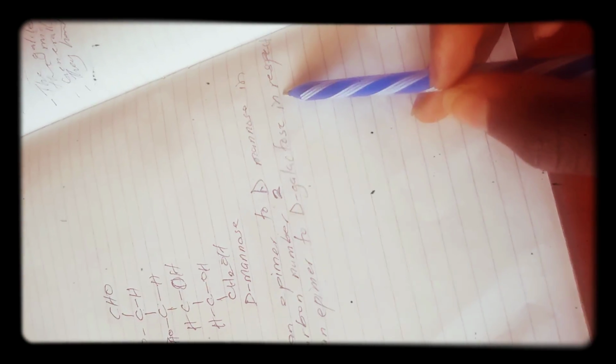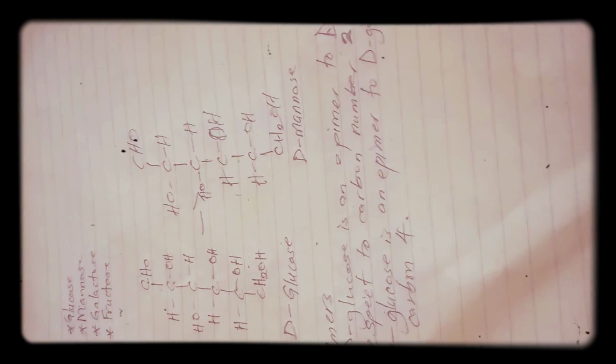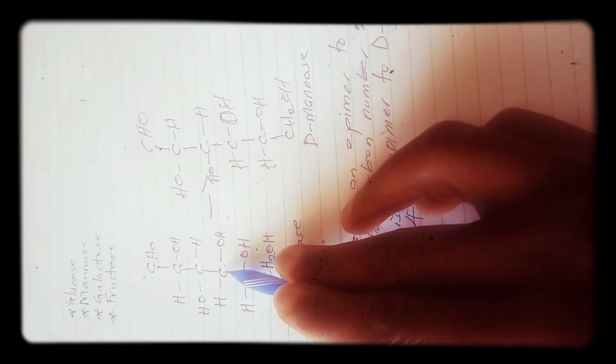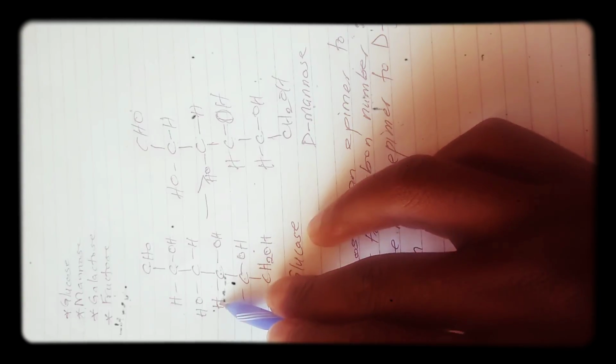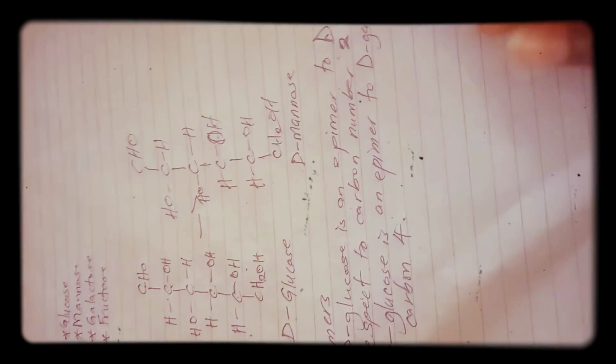D-glucose is an epimer to D-galactose in respect to carbon number 4. So what they mean is, this D-glucose is just the same as D-galactose, but only if you come to carbon number 4, there is a difference in hydrogen and hydroxide orientation.